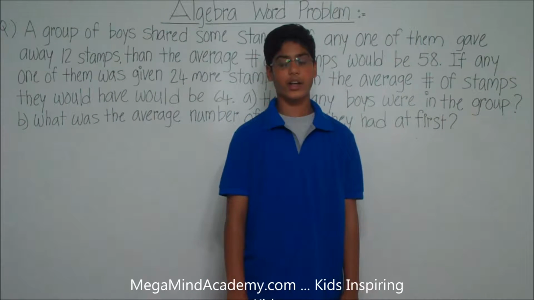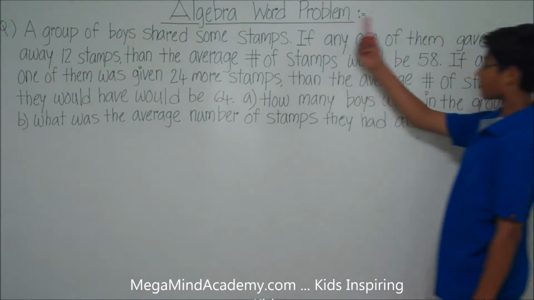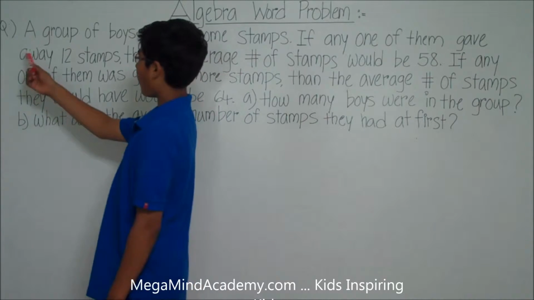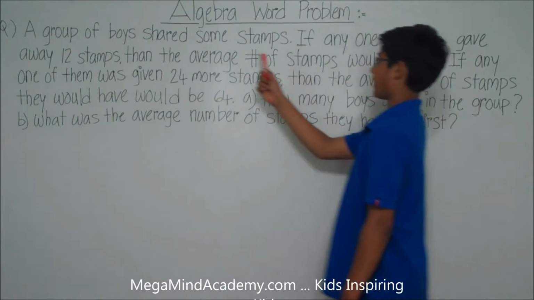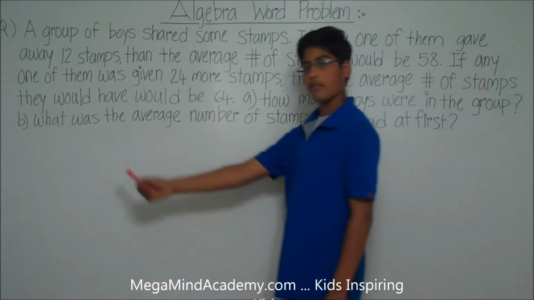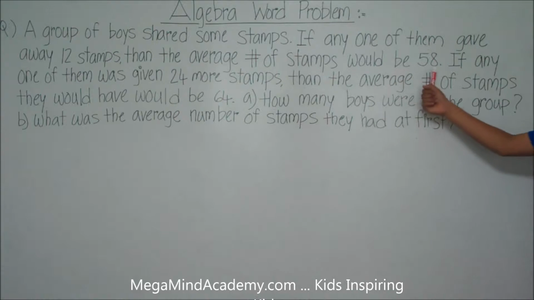Today we're going to learn about algebra word problems. Let's say we have a problem, like a group of boys shared some stamps. If any one of them gave away 12 stamps, then the average number of stamps they would have would be 58.